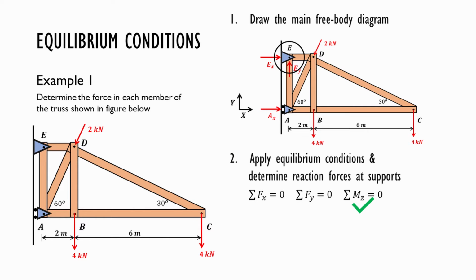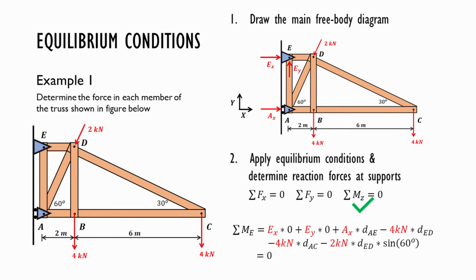So if you apply moment about E, the moments of these two unknown reaction forces, Ex and Ey, about E are 0, which leaves only one unknown, Ax, to be solved.